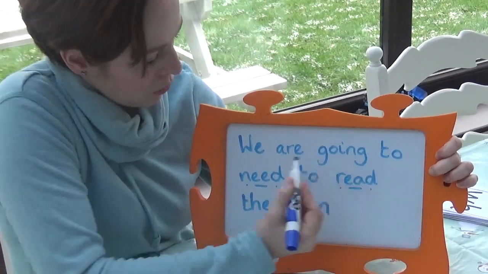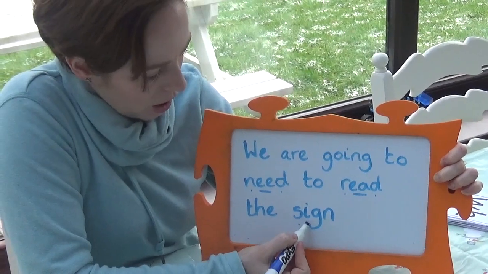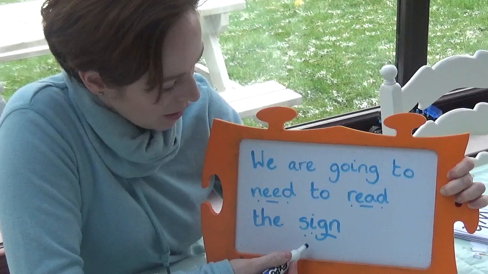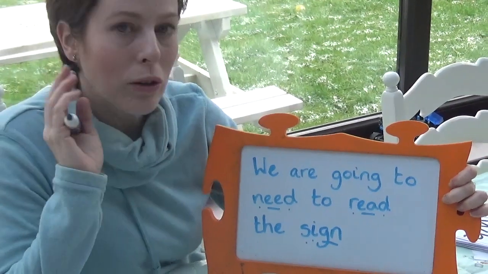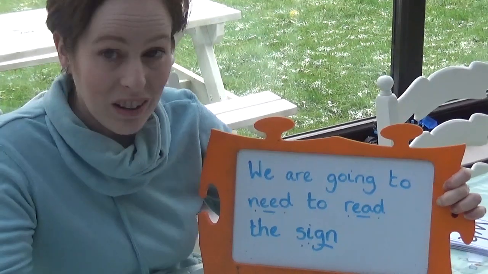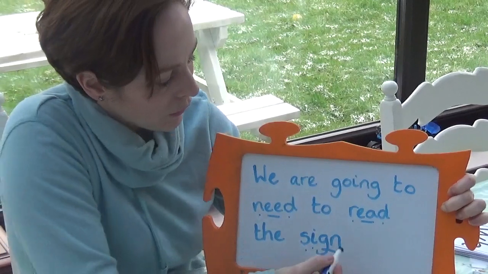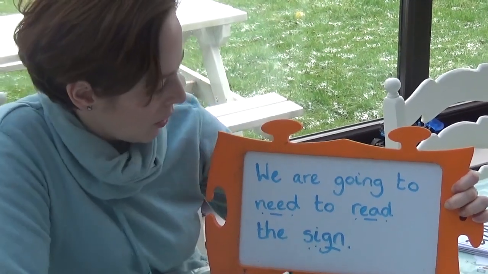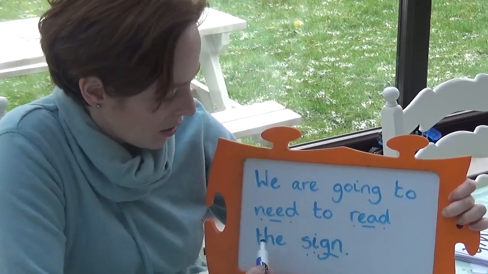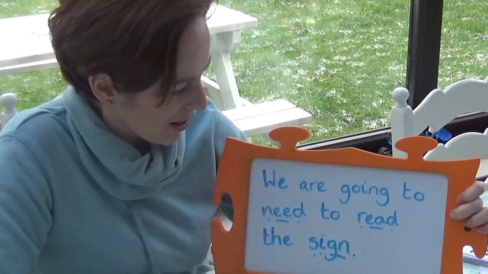We are going to need to read the sign. We're getting good at sign, aren't we? We've seen that lots today. Brilliant. And what do we need on the end of the sentence? What punctuation do we need? Is it a question? It's just an instruction really, isn't it? So it needs a full stop on the end. We are going to need to read the sign. Good advice if you don't know where you're going, I think.